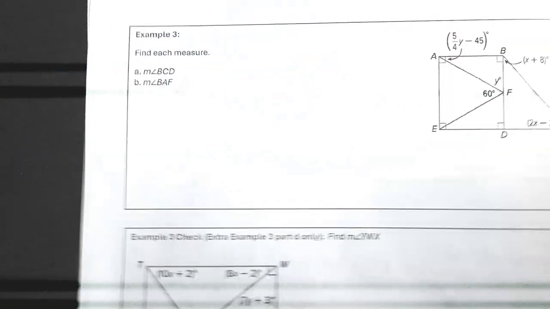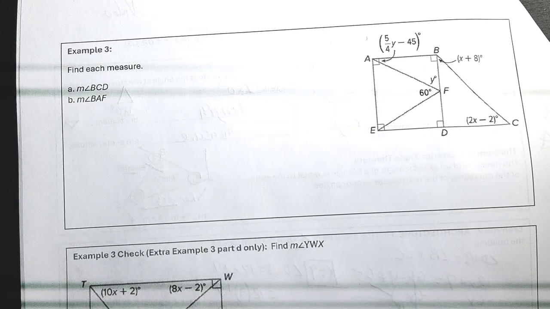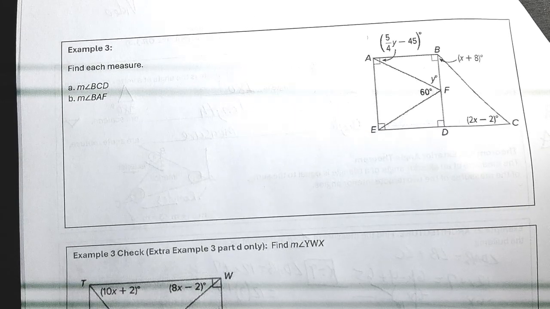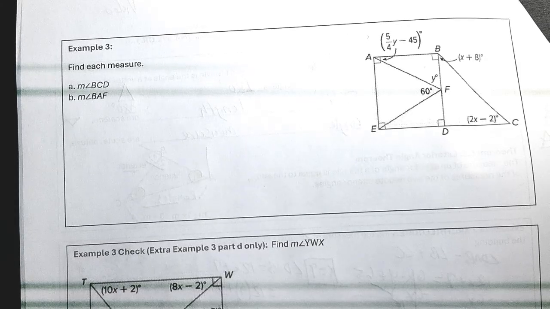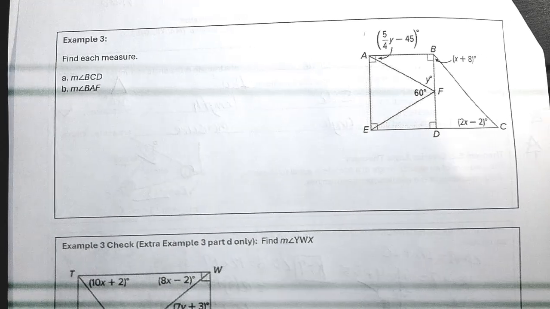So we're going to flip over, just to make this a little easier. Okay, example 3. We've got a part A, where they want BCD, and a part B, where they want BAF.